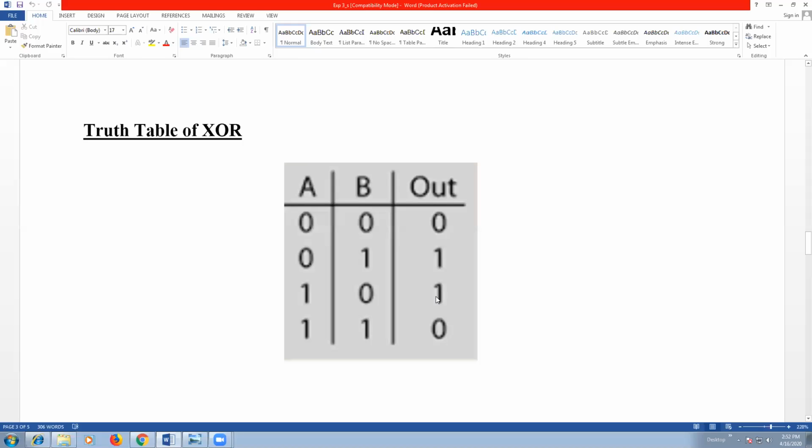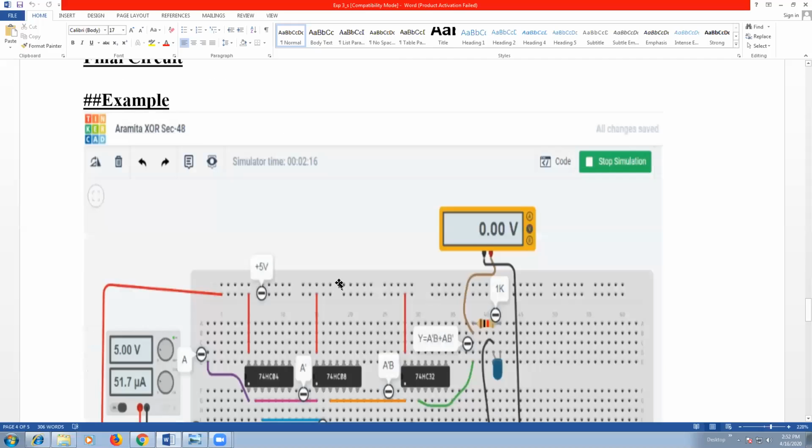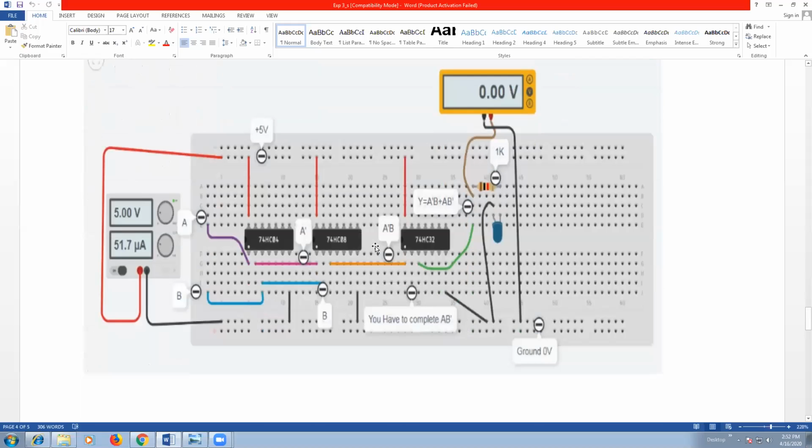Now here you can see the corresponding circuit diagram, which is actually incomplete. One part or one branch is made, and another branch has been left for you.